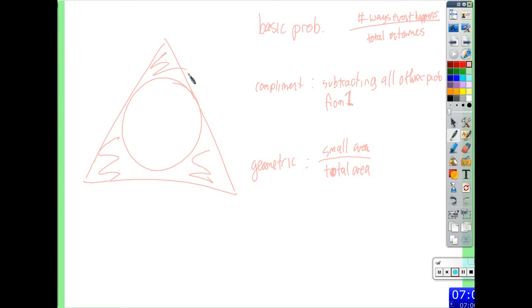Then we'll have a probability that we'll hit one of those small areas. That one's a little bit tricky. They're going to give you squares and circles, maybe some triangles, and all the measurements that you need. Remember that the area of a circle is pi r squared. Area of a rectangle is length times width.